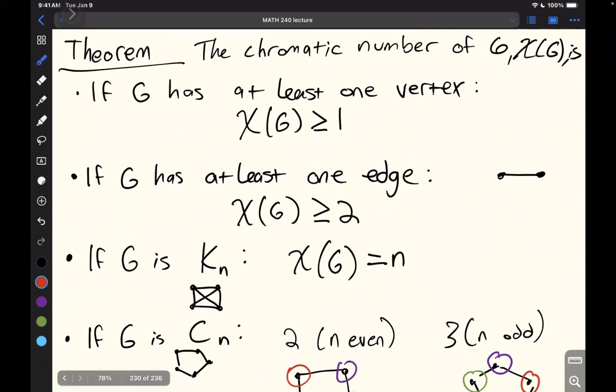So we talked about register allocation. Then we talked about the theorem for what sort of bounds we can have on that chromatic number. If it has at least one vertex, then the chromatic number of the graph is at least 1, because there's at least one vertex to color. If there's at least one edge, then the chromatic number's got to be at least 2, because there's at least one edge, and so those two vertices can't be assigned the same color.